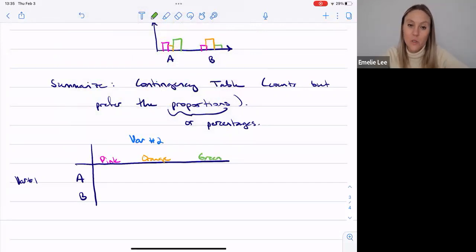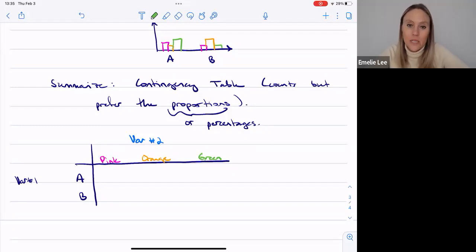And so this would be a 2x3 table. Yeah. And you can do things like you can have the totals in the margins, right? And just depending on how much information you want to have.